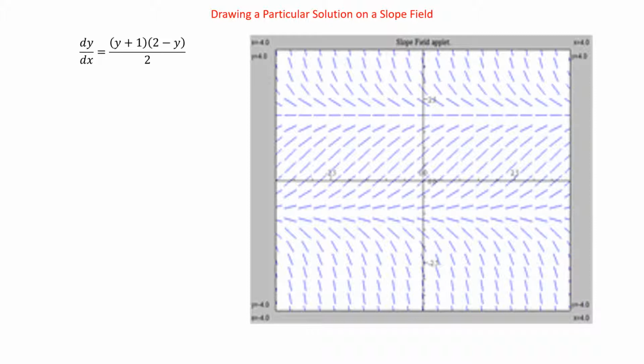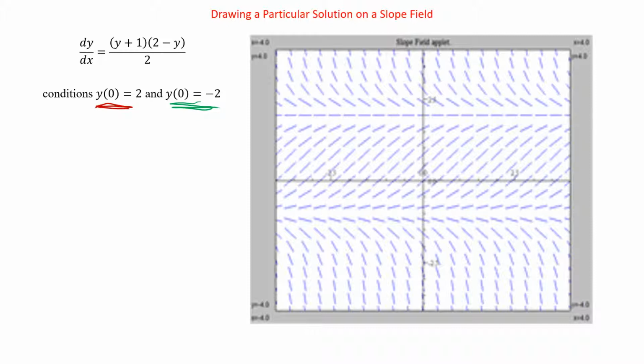But it gives us a slope field, looks kind of like this, and then it'll give us a couple initial conditions. It'll say y of 0 equals 2, and y of 0 equals negative 2.